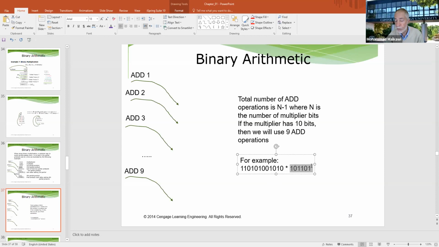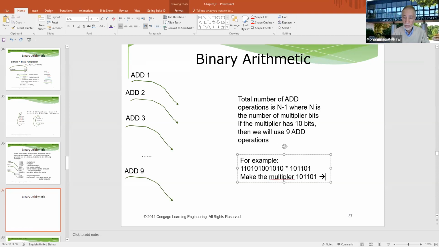Why? Because I want to reduce my number of adds. So I will choose or make the multiplier, because I can do it both ways, 101101, which is how many? 6 bits, and therefore it's 5 adds.